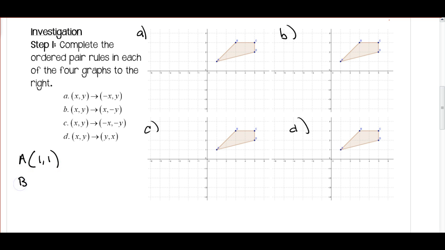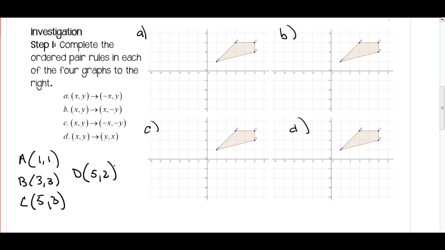For point B, we're at (3, 3). These are our original x, y pairs. For point C, we're over 1, 2, 3, 4, 5, and then up 1, 2, 3, so (5, 3). And for point D, we're also over 5, but we're only up 2, so (5, 2).